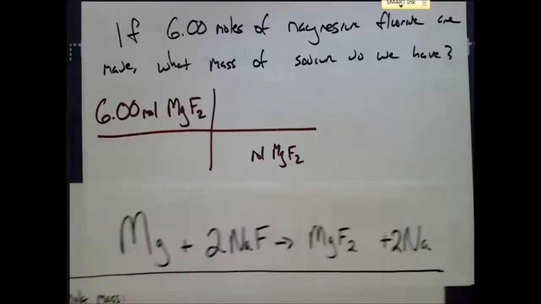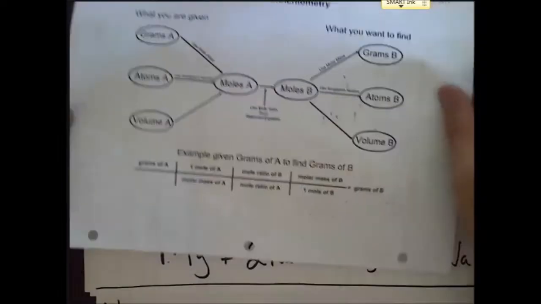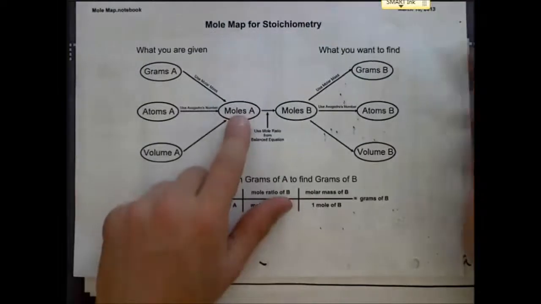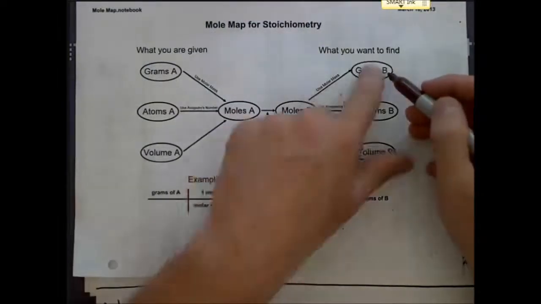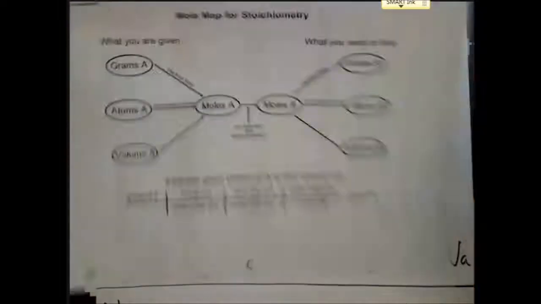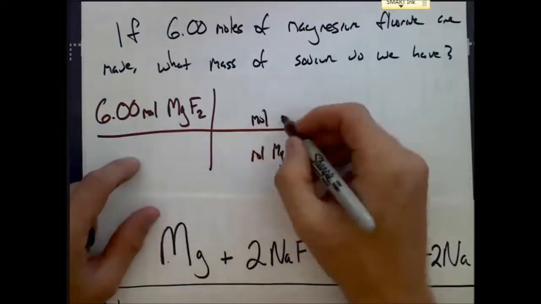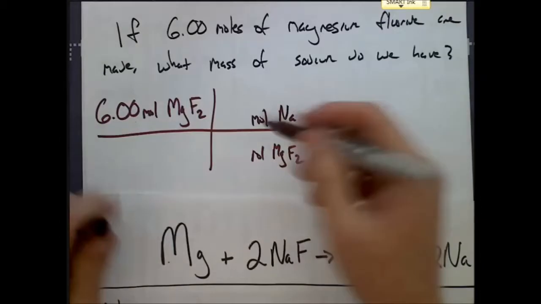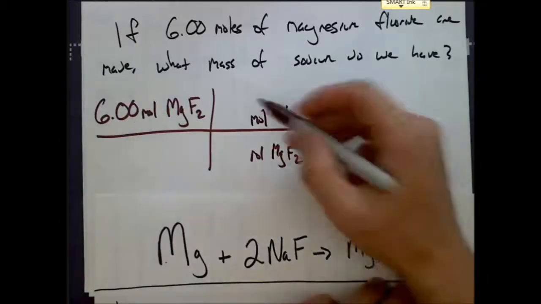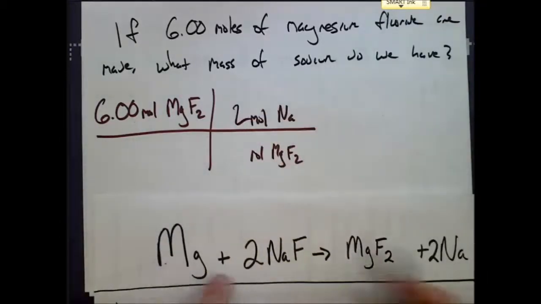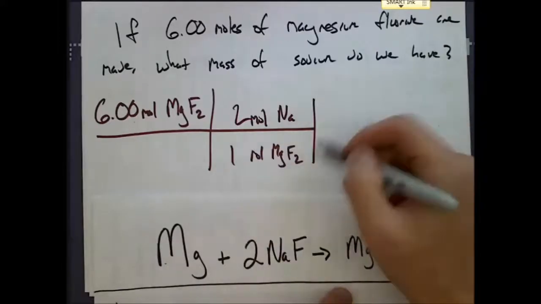Now if you take a look here, it asks for, we're going from moles to grams. So again, we need to go from moles up to grams. It's going to be a 2-step conversion. We want to go to moles of the first thing, or moles of the second thing rather, and use your balanced equation. 2 sodiums and 1 magnesium fluoride.